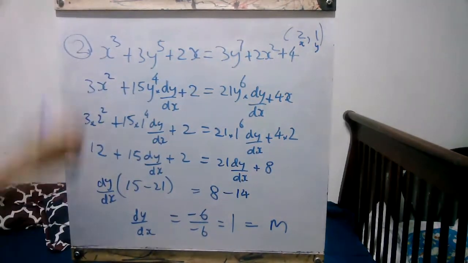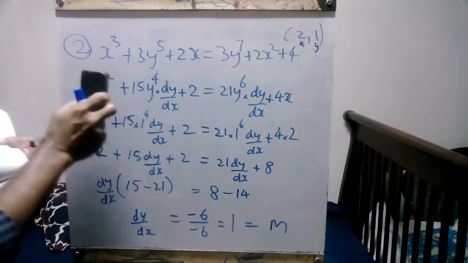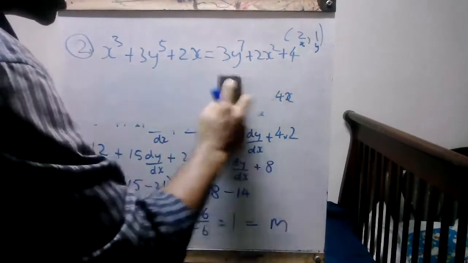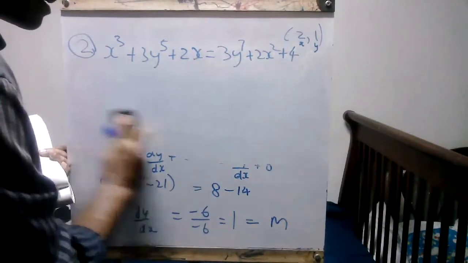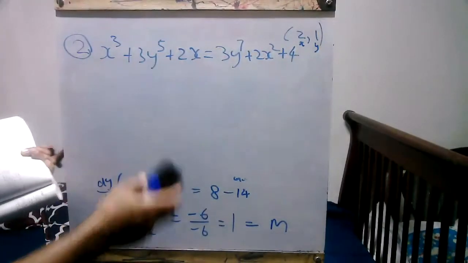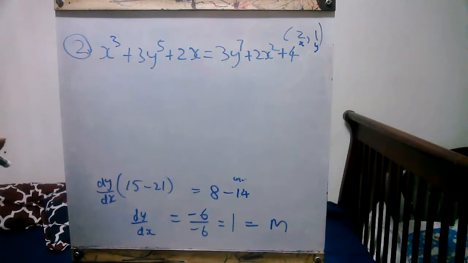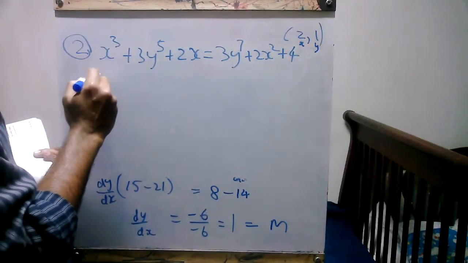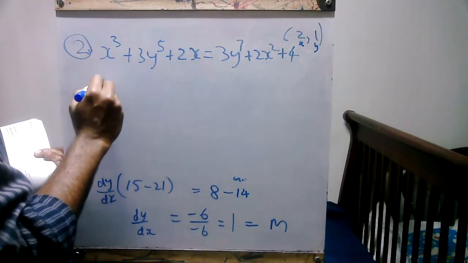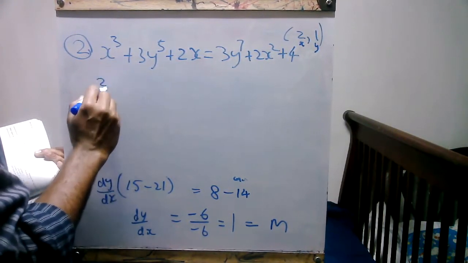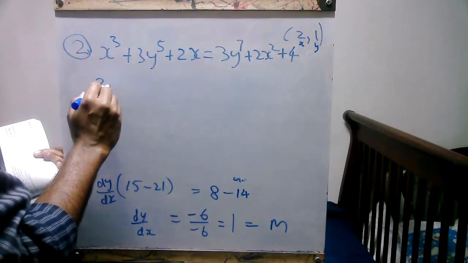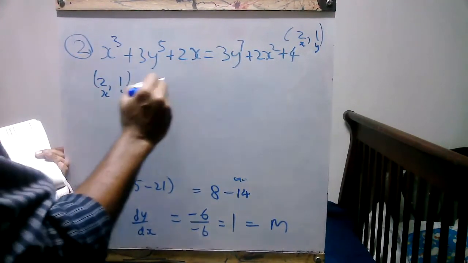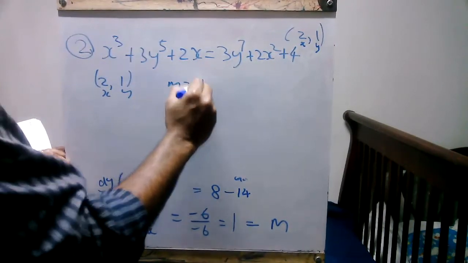Then we want to find the equation of the line. Two comma 1, this is x and y, m equals 1.